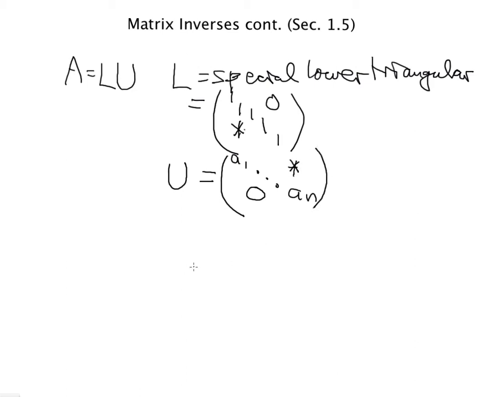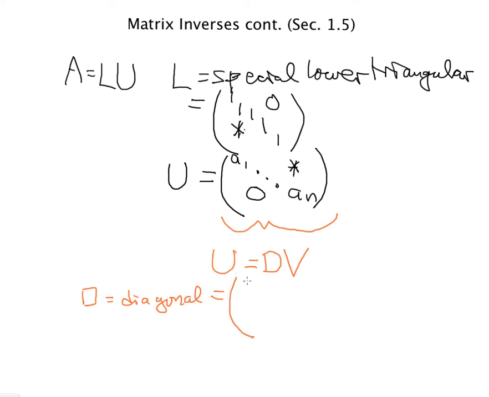All right, what we're going to do next is a further decomposition. We're going to write this matrix U as D times V, where D is a diagonal matrix, and that means it has non-zero entries only on the diagonal.